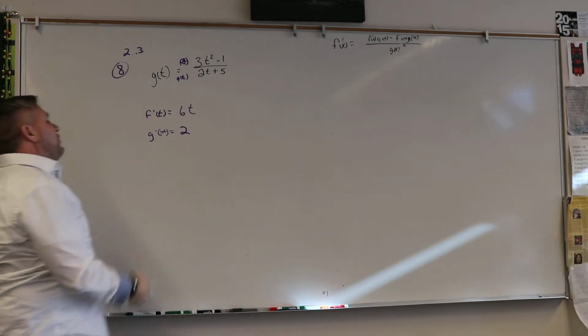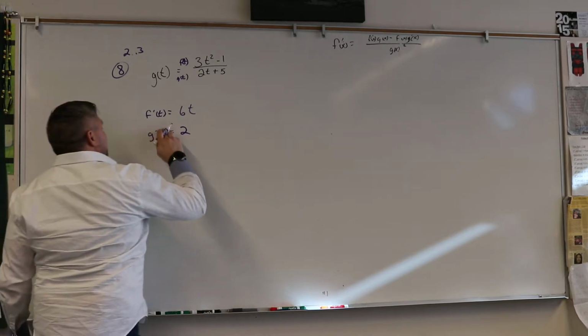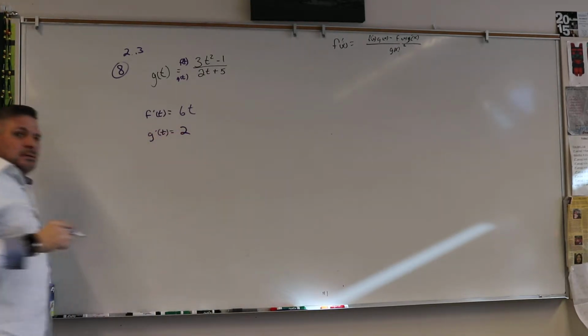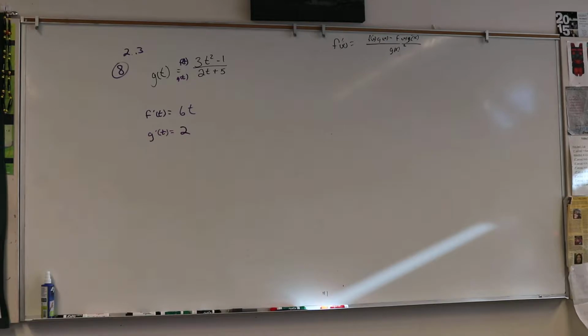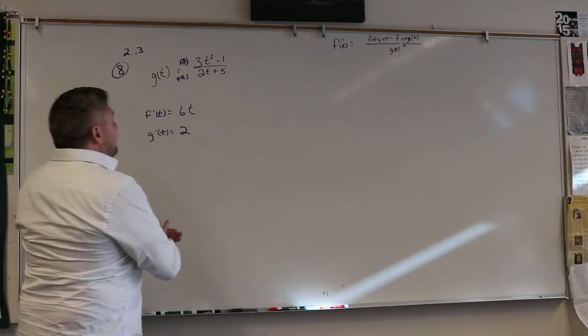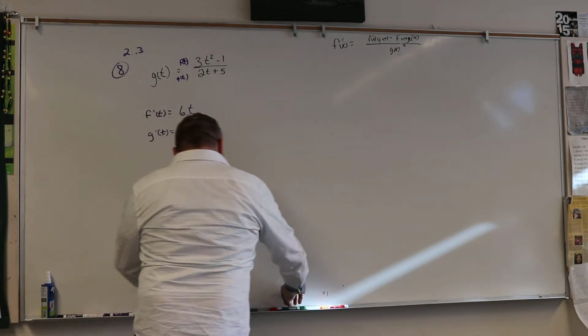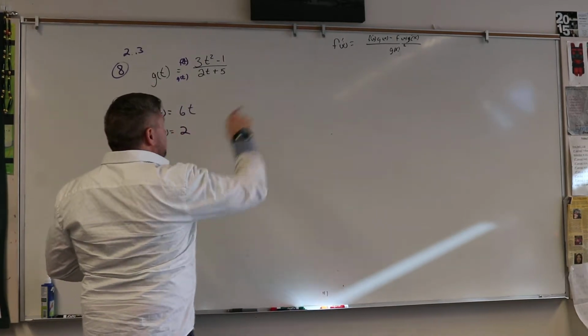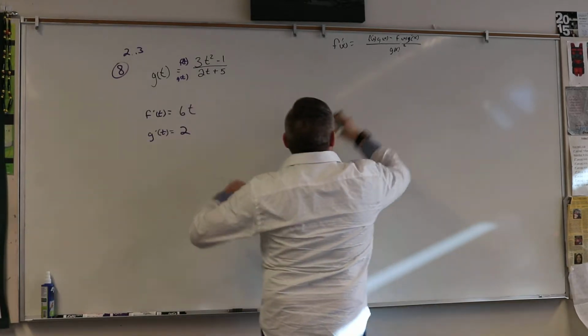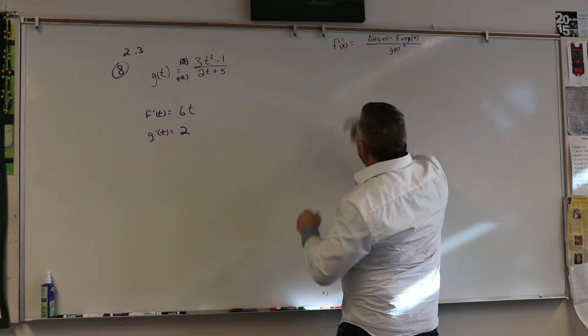Alright, and then g prime of t is equal to 2. Alright, so then what we're going to do is set it up so that we put them in order. So we want f prime g.